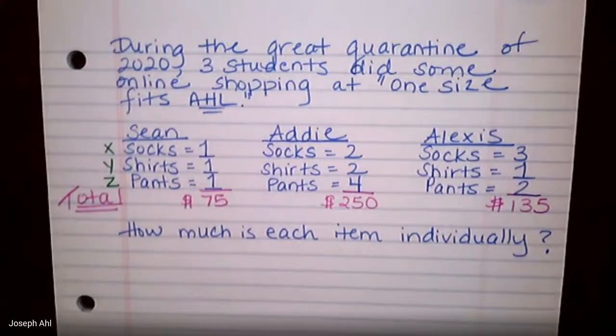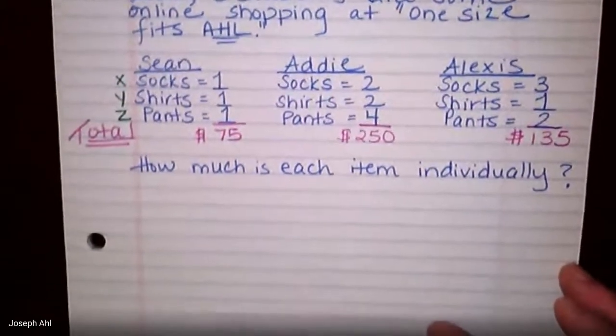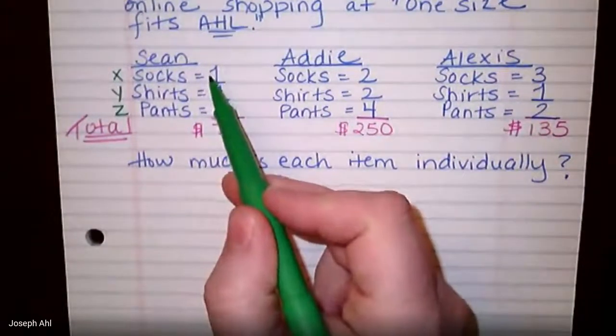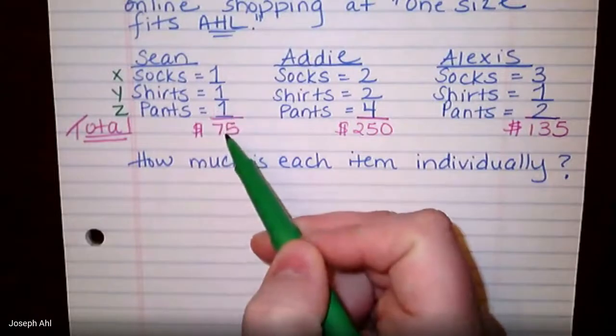I was going to actually use the variables S and then P for pants, but unfortunately we got socks and shirts here, so that would be a little confusing if I tried to use just S and P. So I think if we just stick with X, Y, Z, we'll be good to go. In the end, the first equation would say X plus Y plus Z equals 75.